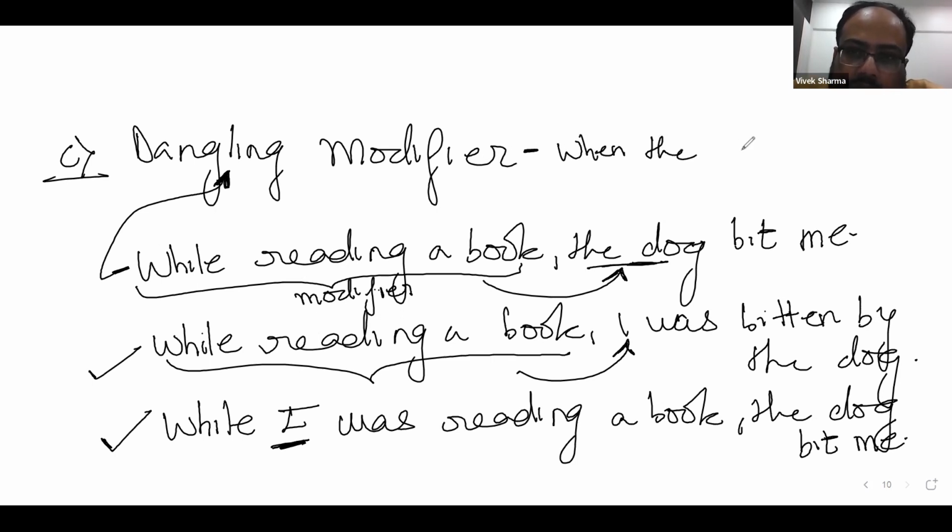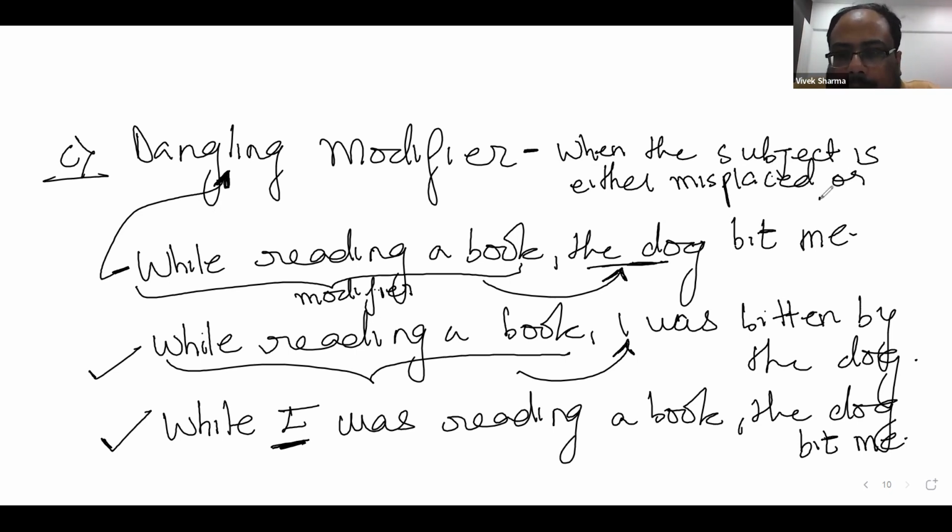A dangling modifier is one when the subject is either misplaced or missing, right? Please make a note of this. Dangling modifier is when the subject is either misplaced or missing. That is the concept of a dangling modifier.